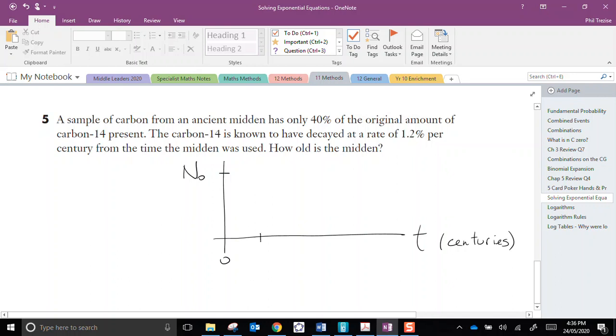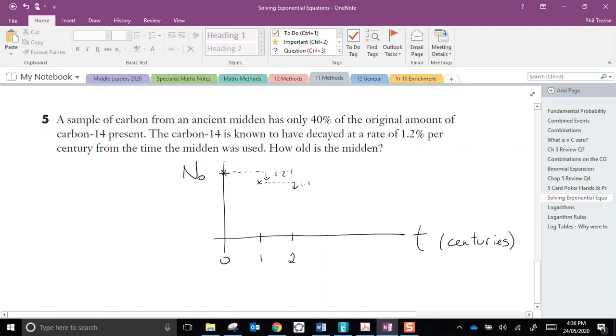Now after 1 century has elapsed, we have lost 1.2%, so we're no longer there. We're somewhat down a little bit. We're not at 100% anymore. We're down by 1.2% compared to what we had. After 2 centuries, we're down a little bit more.